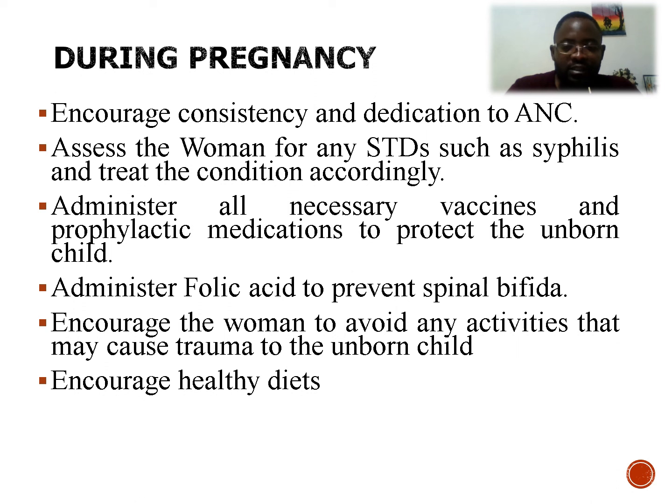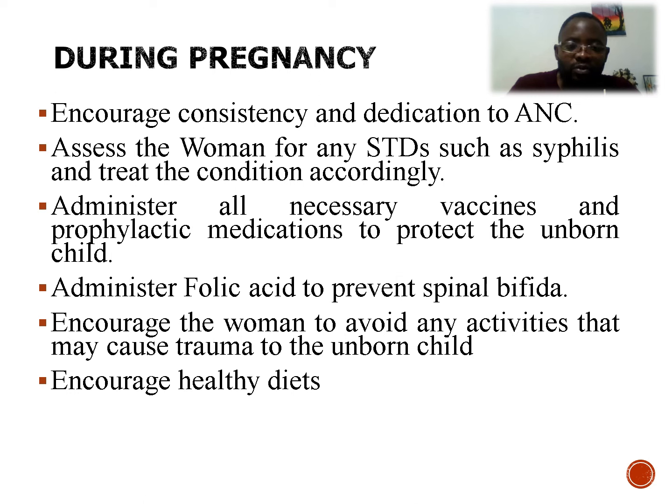Encourage healthy diets. Make sure that she is feeding healthy, taking enough proteins and carbohydrates as well, so that the child's brain grows as it is supposed to grow. Okay, so you encourage a healthy diet so that the child is not malnourished, and also to prevent unnecessary conditions that arise due to poor feeding.